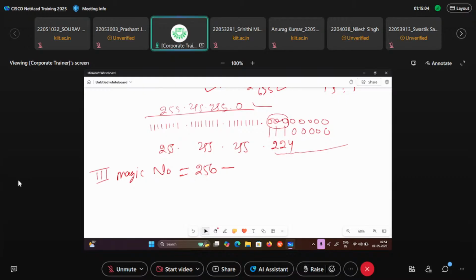That value is 224. You subtract that value out of 256. What you'll get is 32. So your block size here is 32.